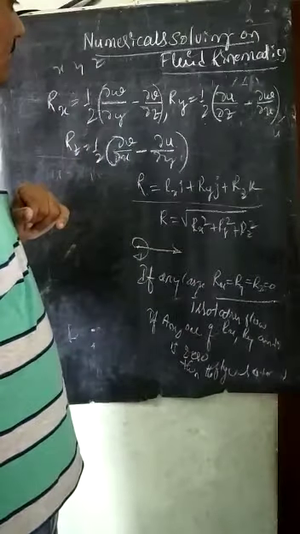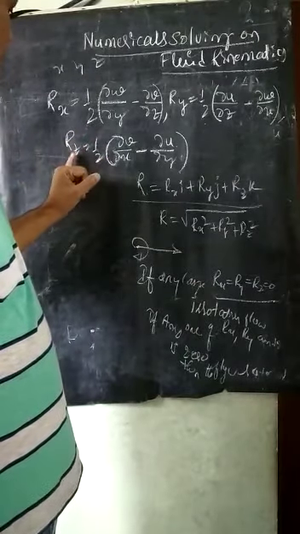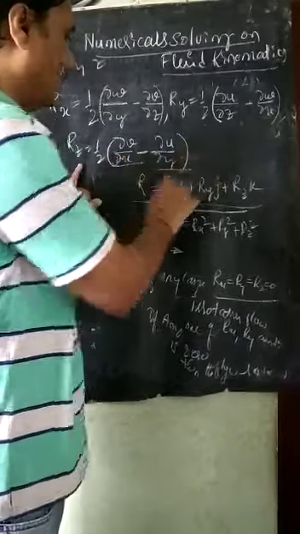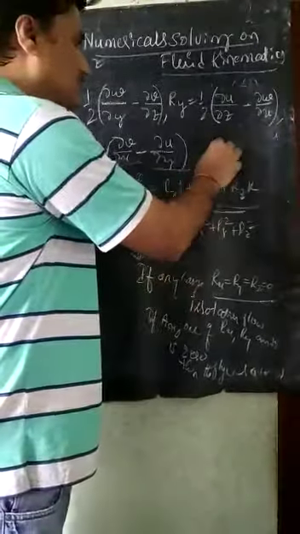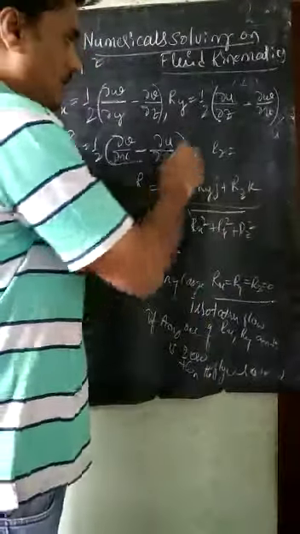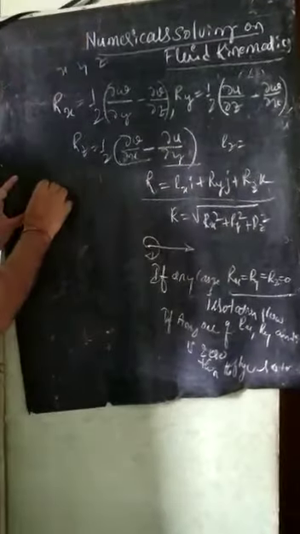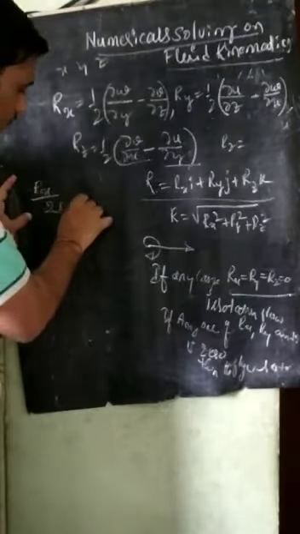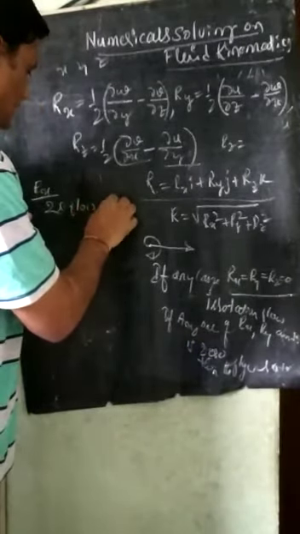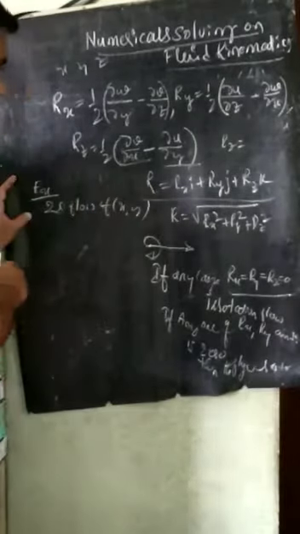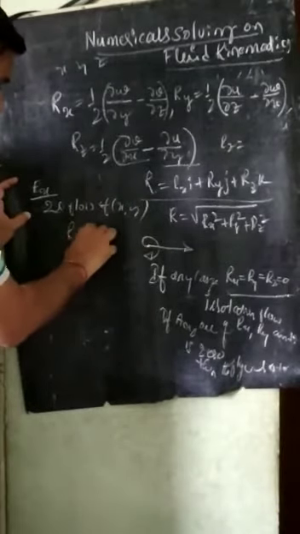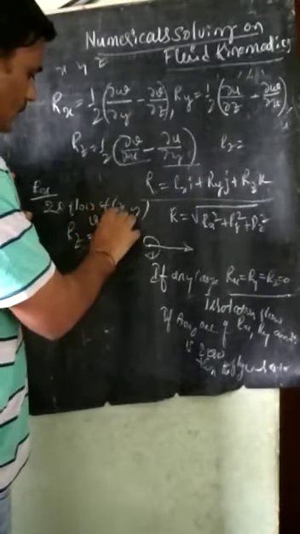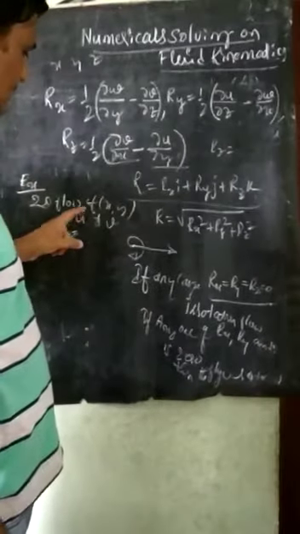Here u and phi will be given, the velocity along the x direction and the velocity along the y direction.